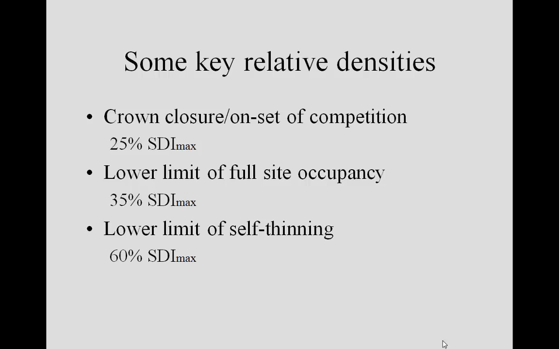So crown closure and the onset of competition is associated with about 25% of the max SDI. The lower limit of full site occupancy is about 35% of max SDI, and the lower limit of self-thinning is about 60% of max SDI, and of course the boundary line is 100%.